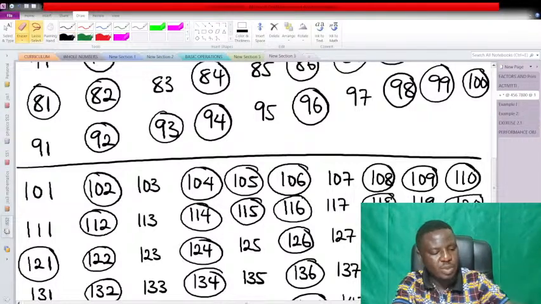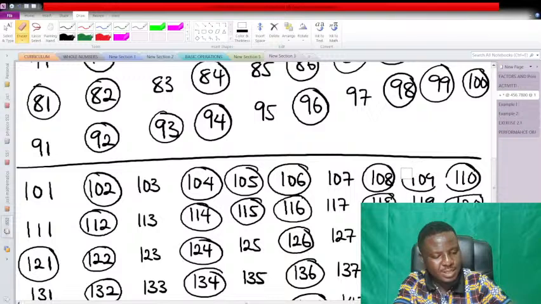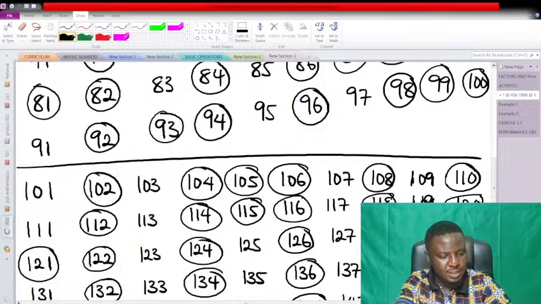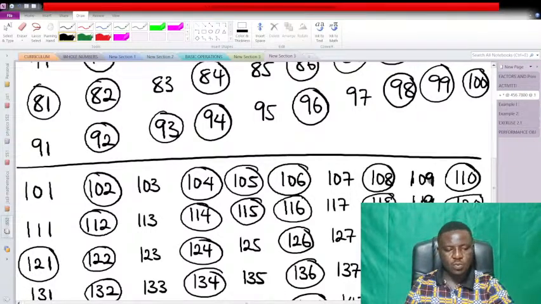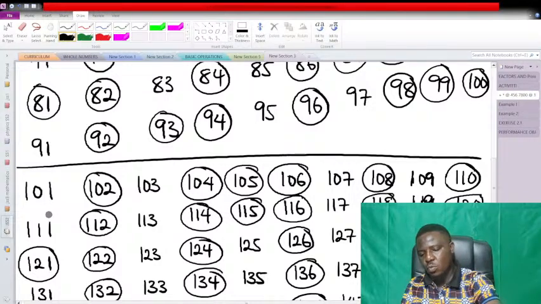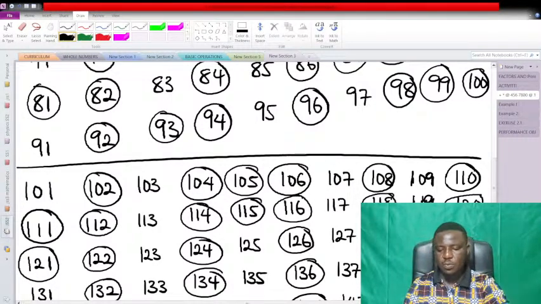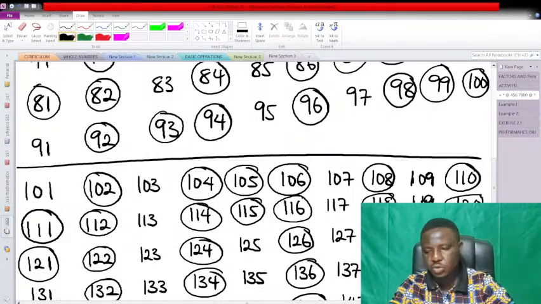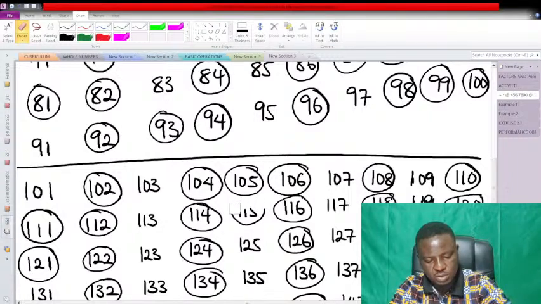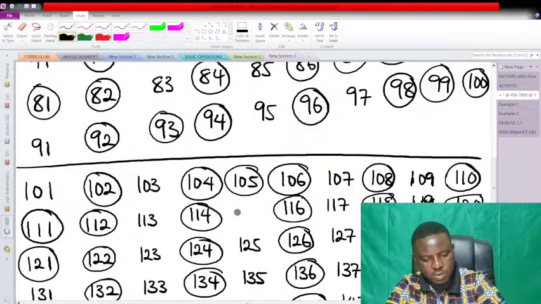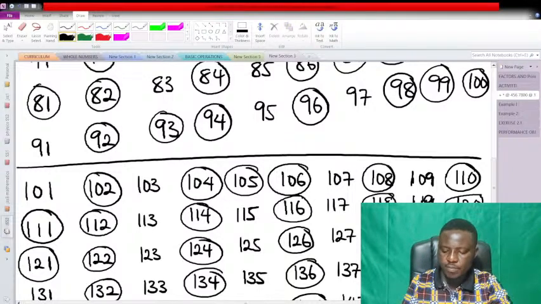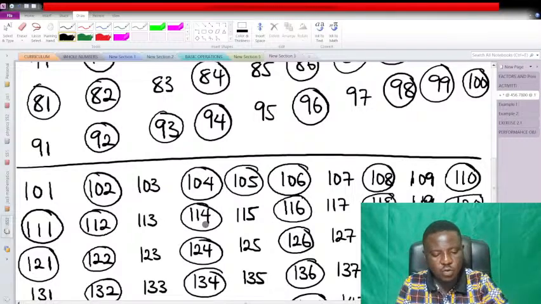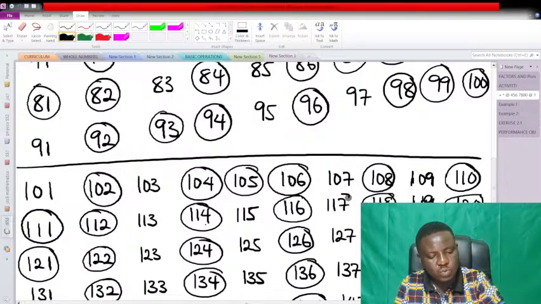It is not 109. So 108, plus 3 is 111. So it's not 115. 114 plus 3 is 117.